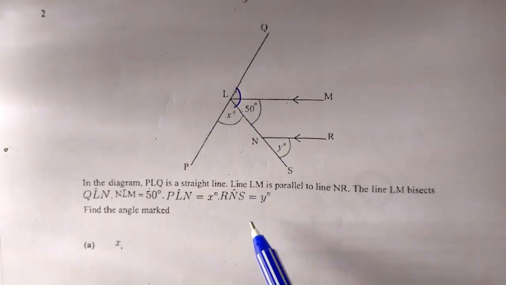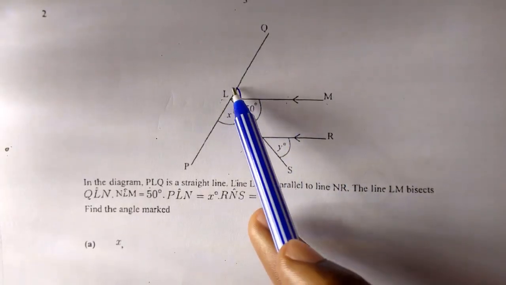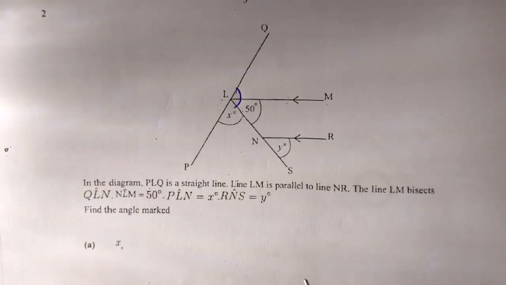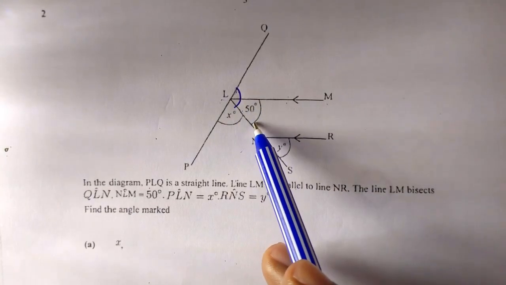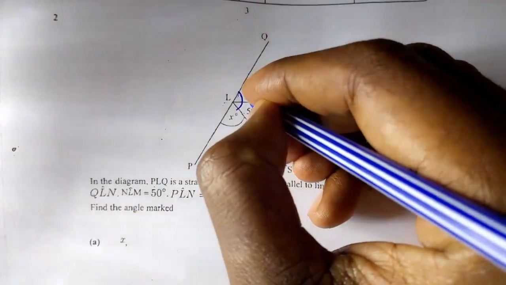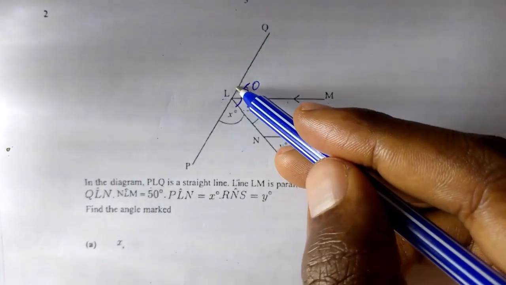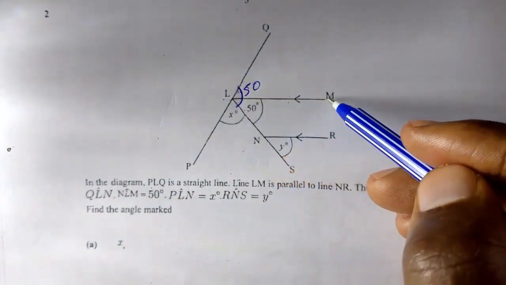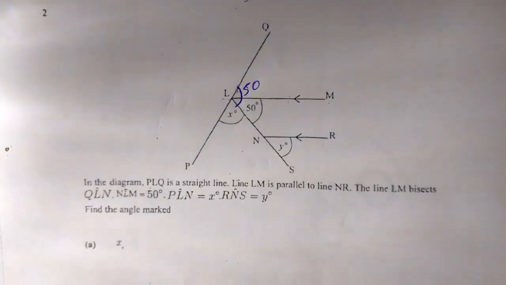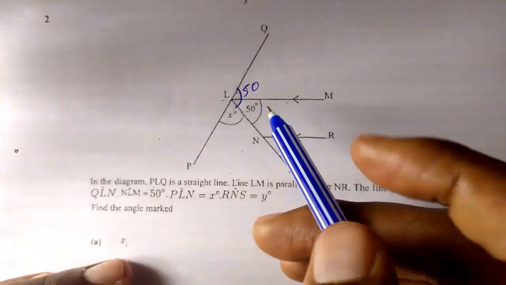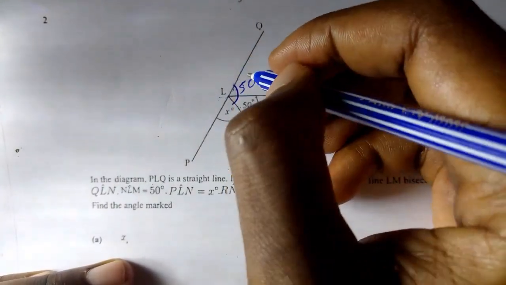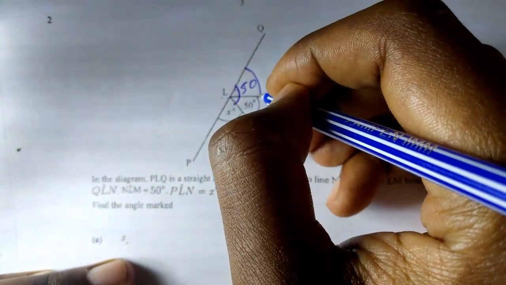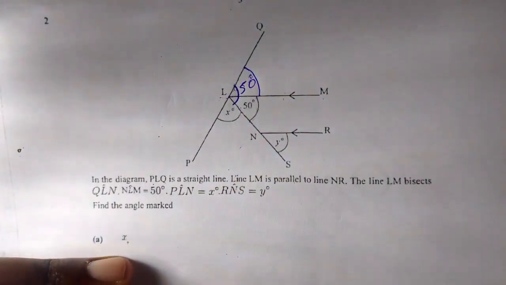So what it means is that LM is dividing this whole angle into two equal angles. So if this one is 50, it means this angle is also 50, because this whole angle is being bisected by this line. To bisect means to divide into two equal parts. So if this one is 50, the remaining half, which is this angle, is equal to 50 degrees.